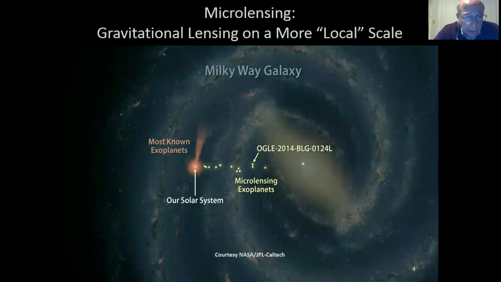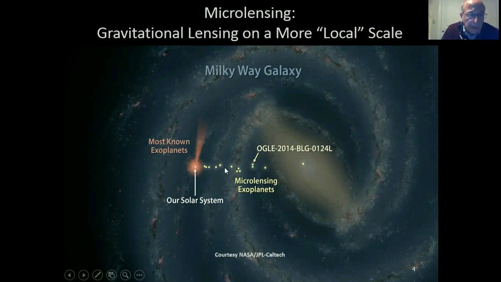Now, microlensing is more on a local scale. As you see in this picture here, if our solar system is this orangey blob here, what we're looking at is looking into the center of the Milky Way galaxy, and we're looking at star systems that lens source stars that are closer to the center of the Milky Way.